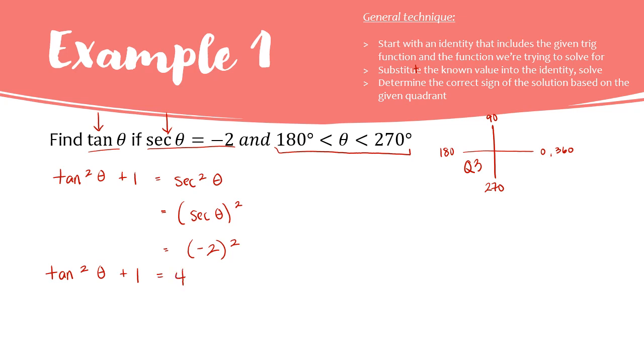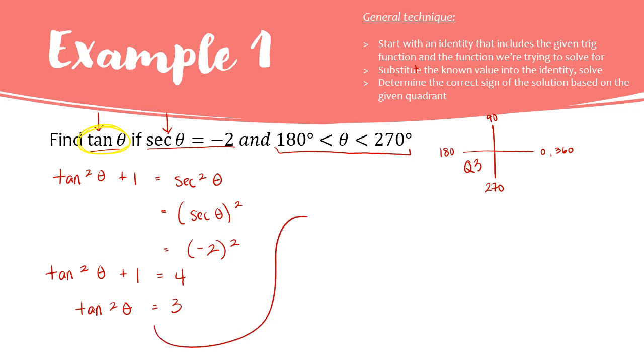Okay, now we need to solve, again for tangent of theta. Looks like I can subtract 1 from both sides. So we end up with tangent squared is equal to 3. If I'm just solving for tangent, and what I have right now is tangent squared, then I need to take the square root of both sides.